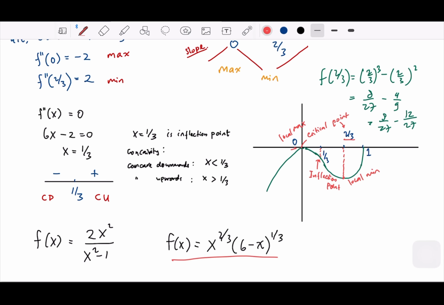Particularly the second one has some interesting phenomenon or some interesting graph. If you want, you can draw the graph using GeoGebra or any graphing website, just to make sure that you see how the graph looks.